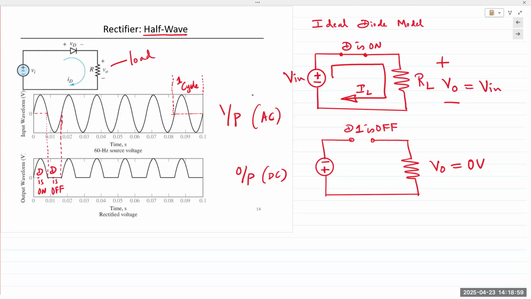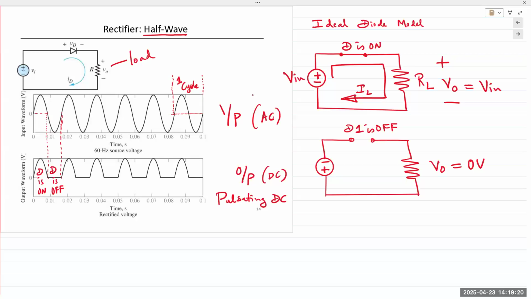It's not quite DC. Most authors, most books will refer to it as pulsating DC. Okay, pulsating DC. I simply like to call it pseudo DC, but I'm not a famous author, so can't call it after myself.